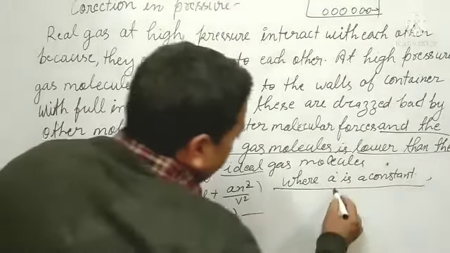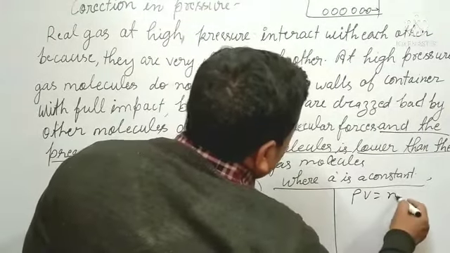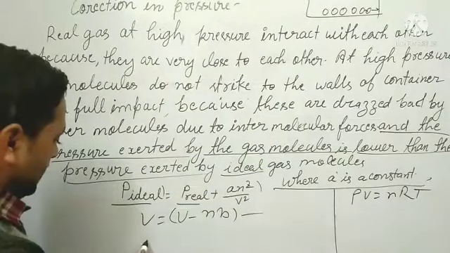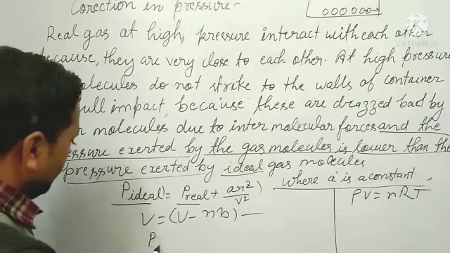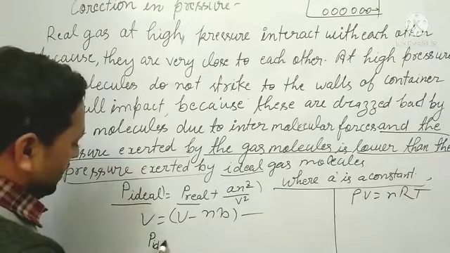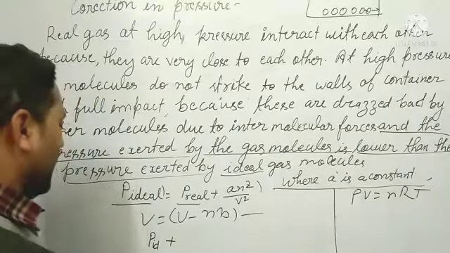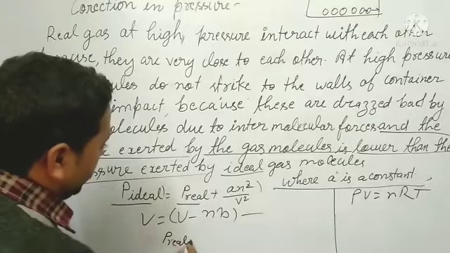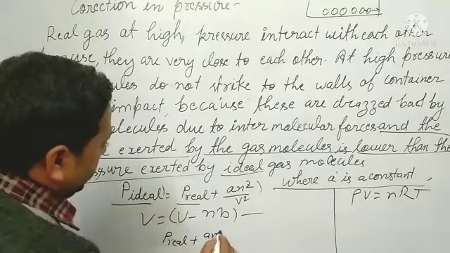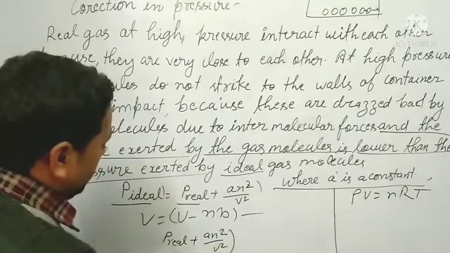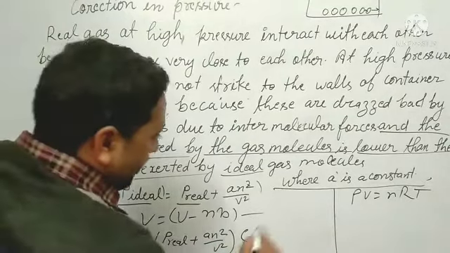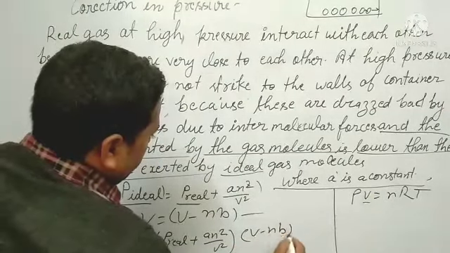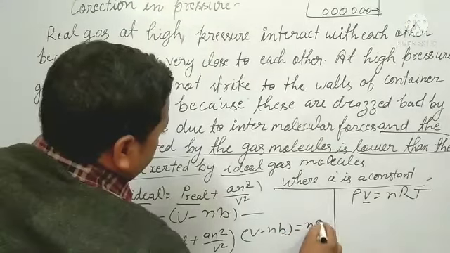So what equation have we already discussed here? PV equals nRT. If we put these values, the equation we get is P real plus a n square upon V square, and in place of V we write V minus nb, equal to nRT.